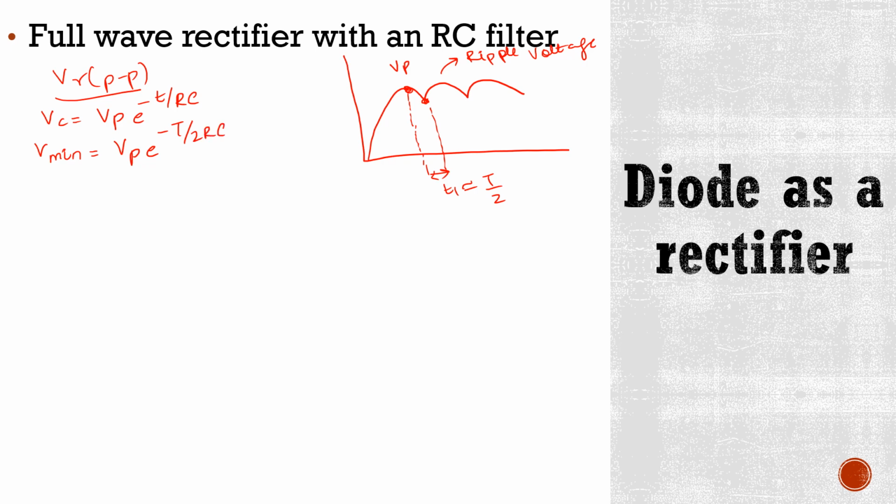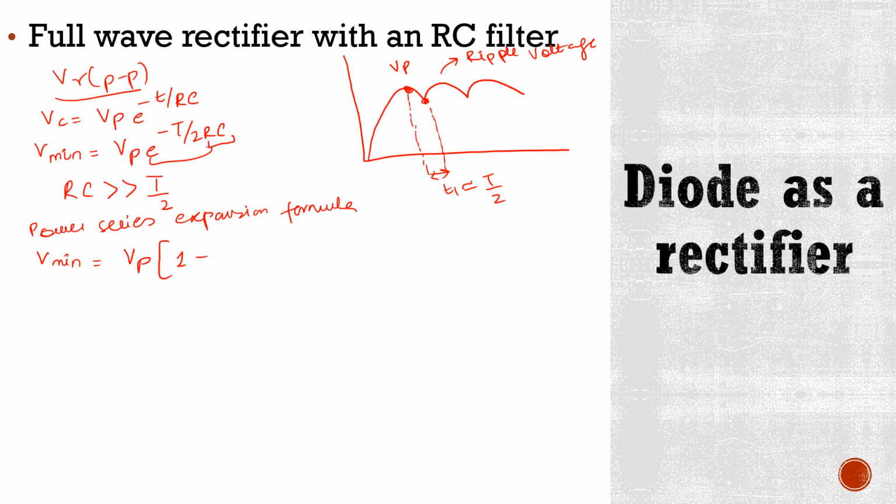Now we assume that this RC constant of capacitor is very much larger than the time period here, and we apply power series expansion formula to this term. So we get minimum voltage is equal to Vp times 1 minus T divided by 2RC.